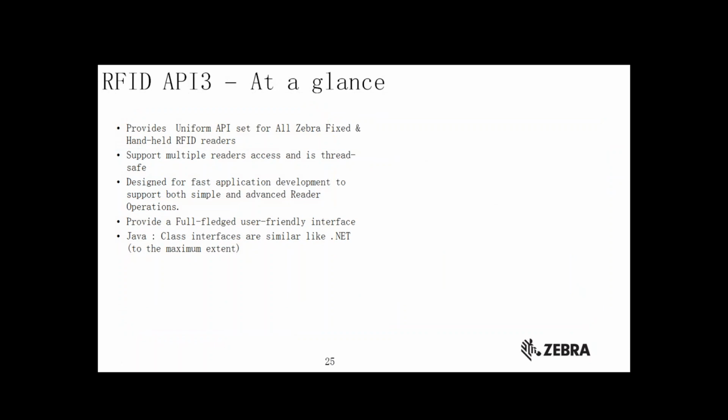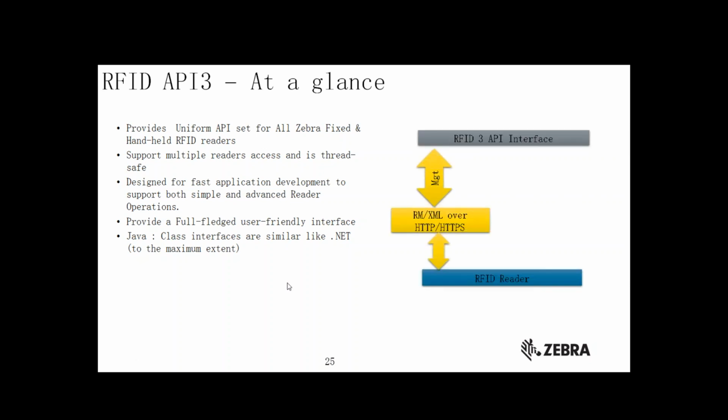The RFID API 3 essentially provides a uniform set of APIs for all the Zebra fixed and handheld RFID devices. You can use multiple readers, and you can create very quick applications using this API set. And of course, it is available for Java, .NET, or C.